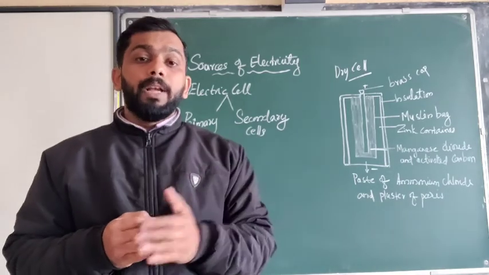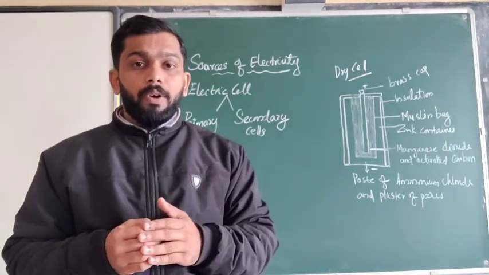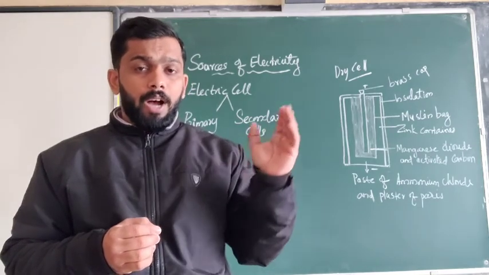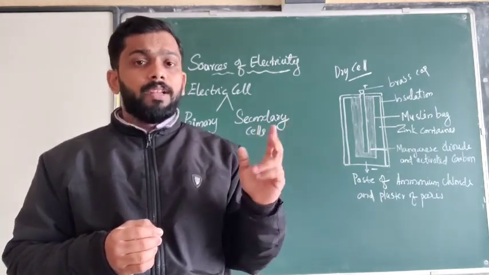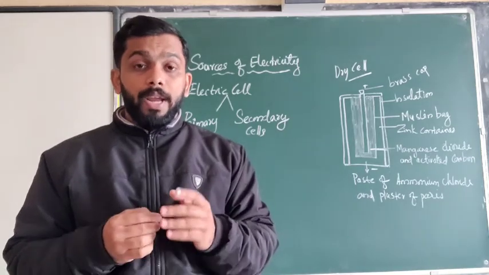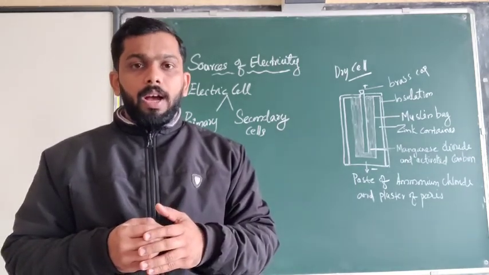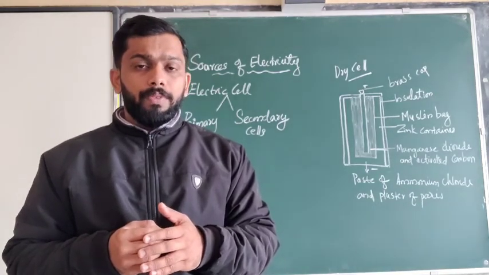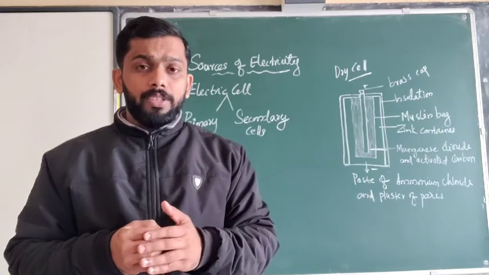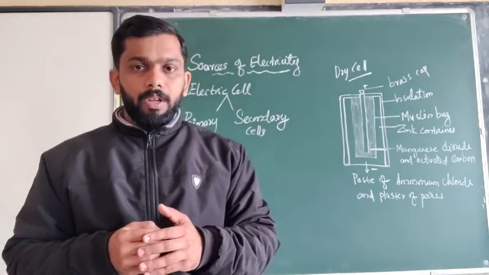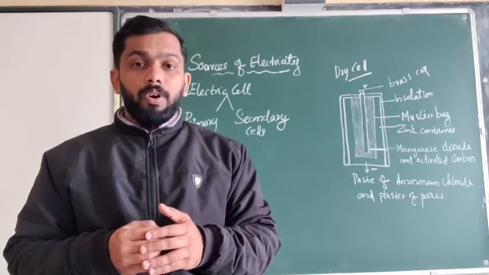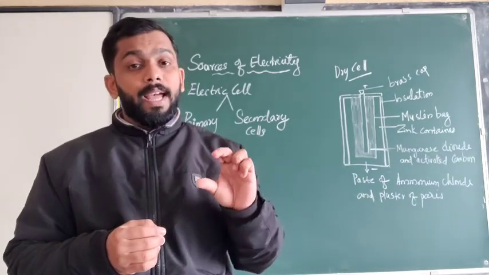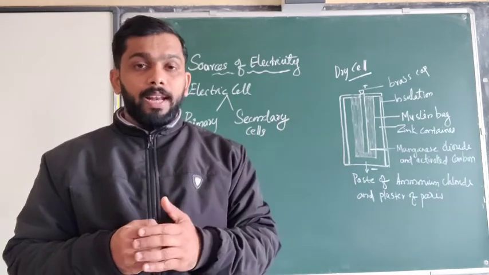And we know there are other big sources in our daily life, like our home uses or the industrial uses. We know that power stations are there. And of course, one of the most advanced sources nowadays is the solar cell. A solar cell is a device which converts light energy directly into electrical energy.